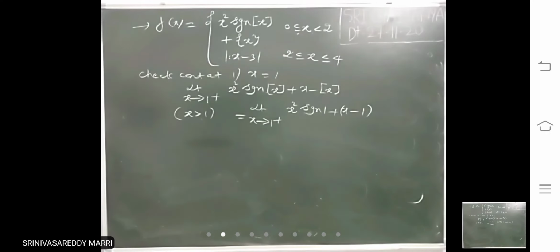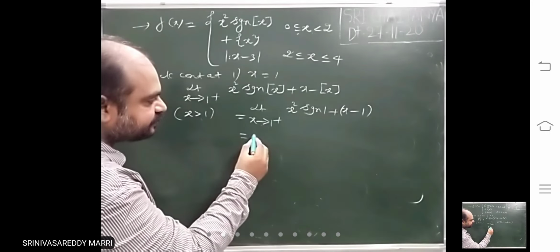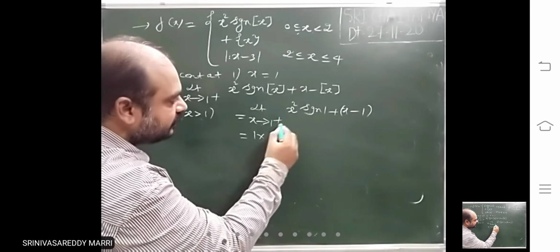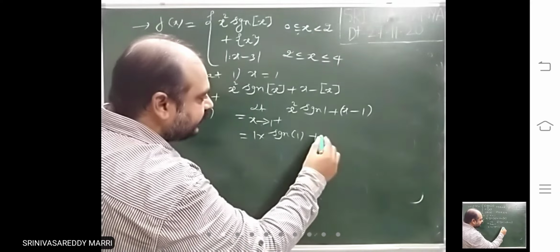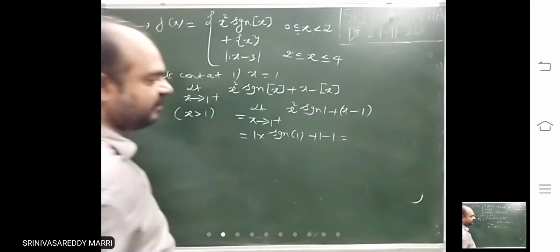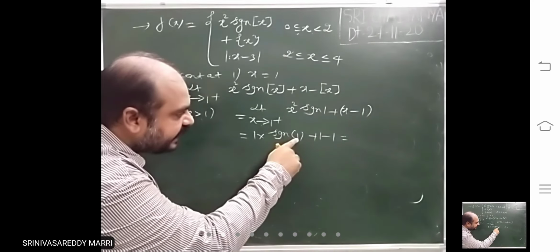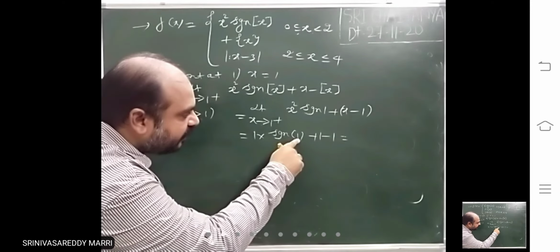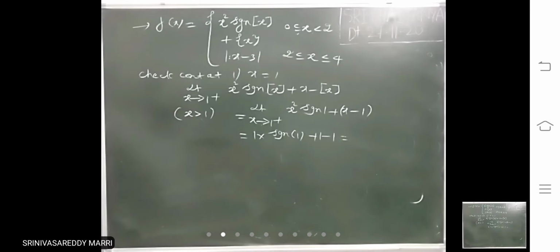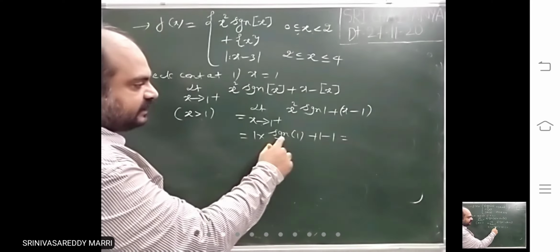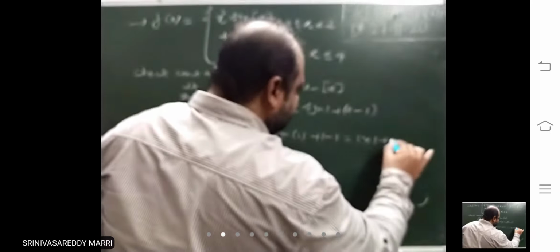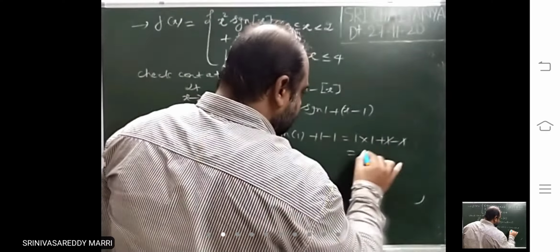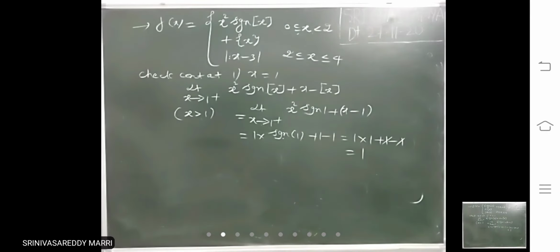Now substitute 1: 1 into signum 1 plus 1 minus 1. What will you get? Signum 1, I told: if x is positive, this value is 1. If x is negative, value is minus 1. So 1 into signum of positive value is 1. So right limit is 1.